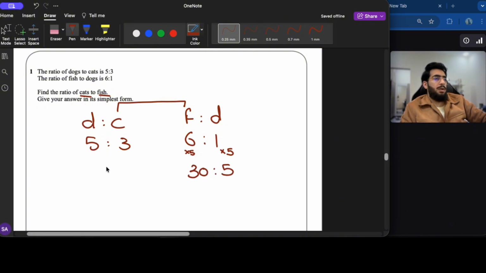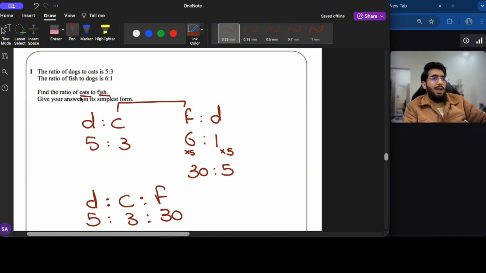And now d was 5 here and d is 5 here. Now they're the same numbers, so I can just combine them and write d ratio c ratio f. Since they are both 5, I can just write it to be 5. Ratio c is 3, f is 30.